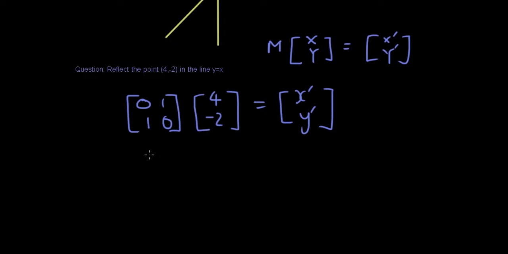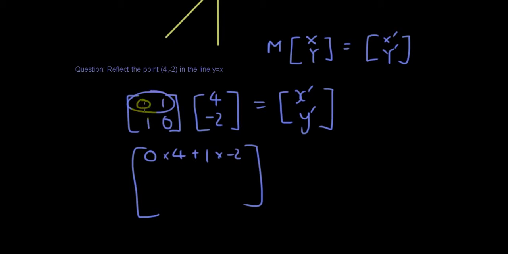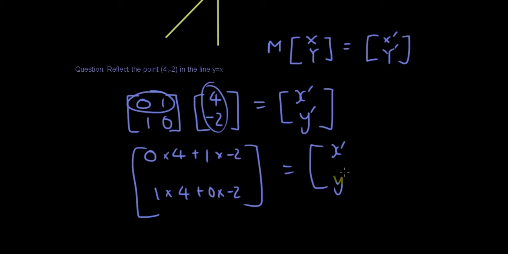We have 0 times 4 plus 1 times -2, and then we have 1 times 4 plus 0 times -2, this equals x dash, y dash.